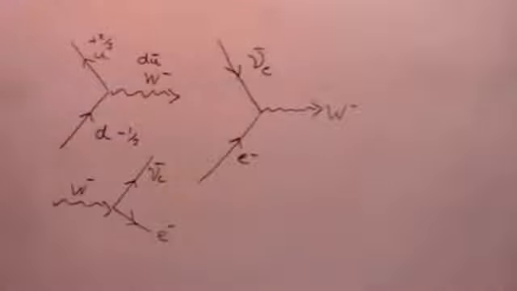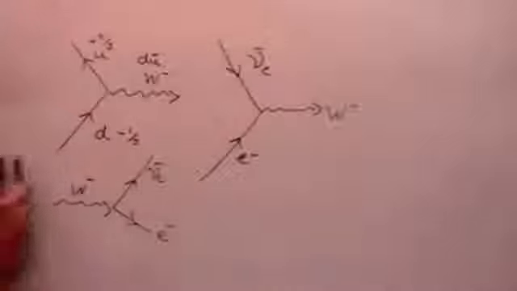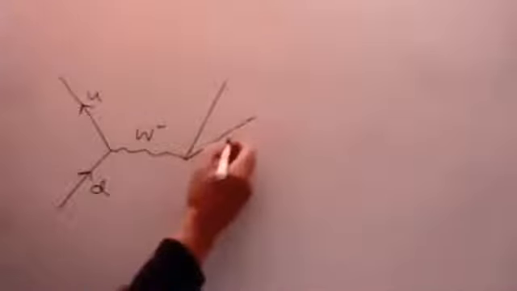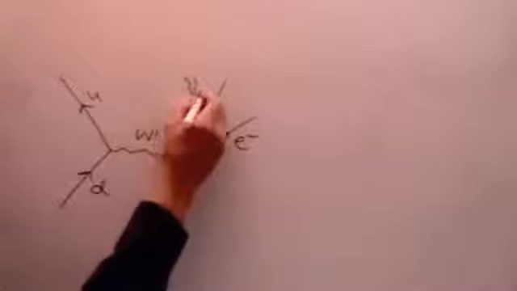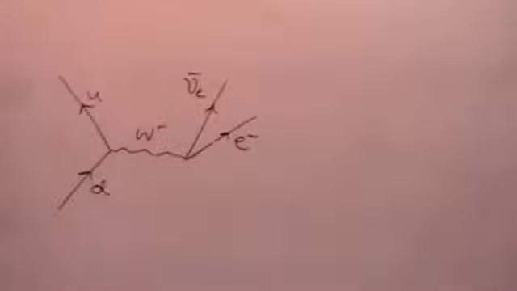So if we take that combination and put them all together, what we can say is we have a down becoming an up by the emission of a W minus, but that W minus can also then become an electron and an anti-electron neutrino. And that is precisely what happens when a free neutron converts into a proton.